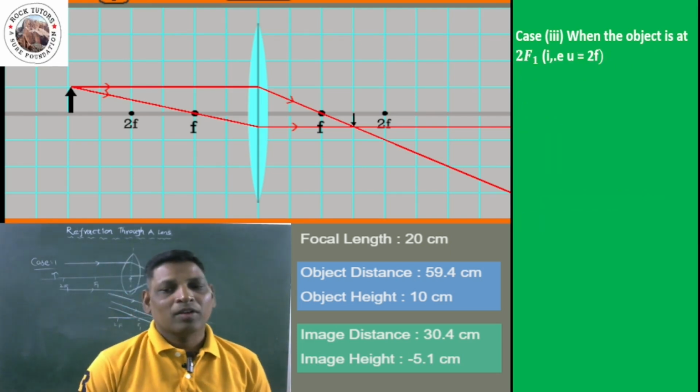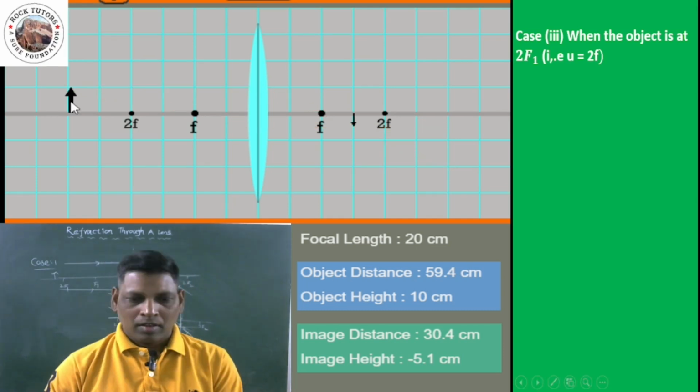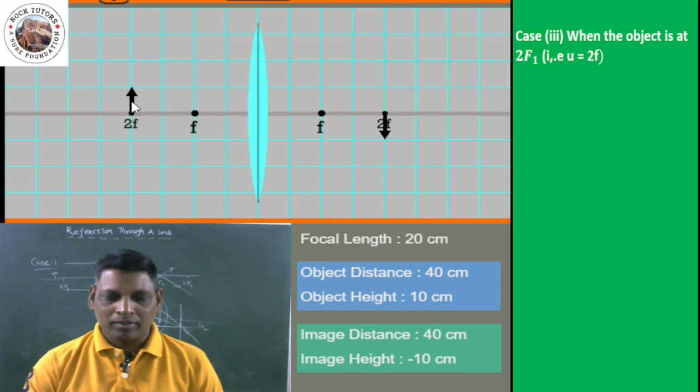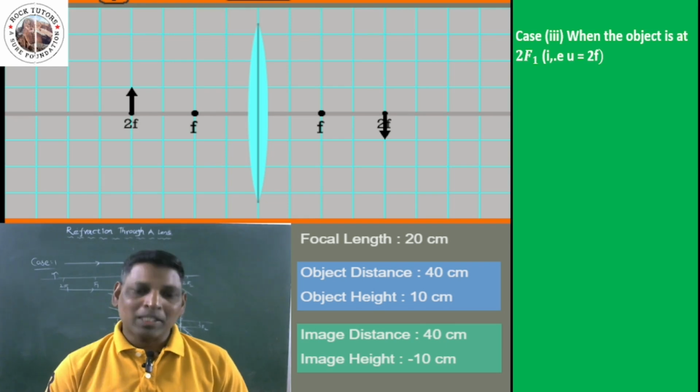Case 3, when the object is at 2F1. I am keeping the object at 2F1. Now I am taking a ray parallel to the principal axis.